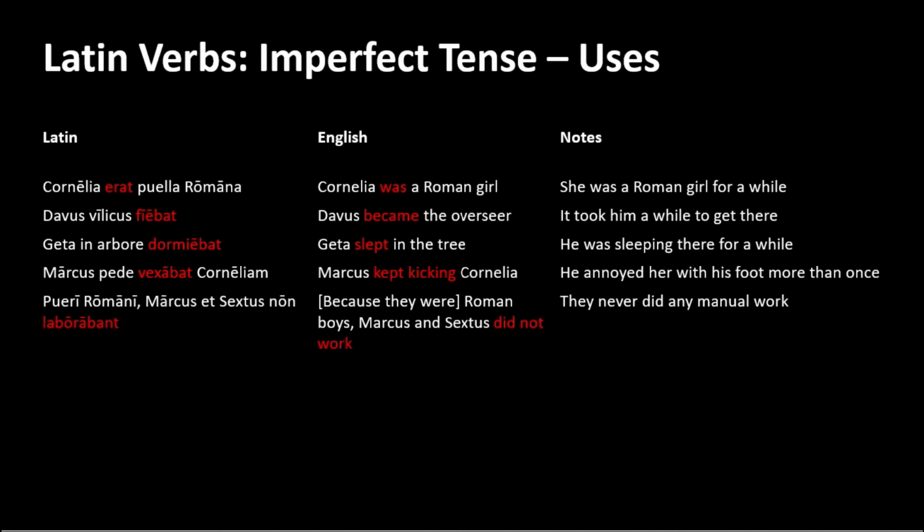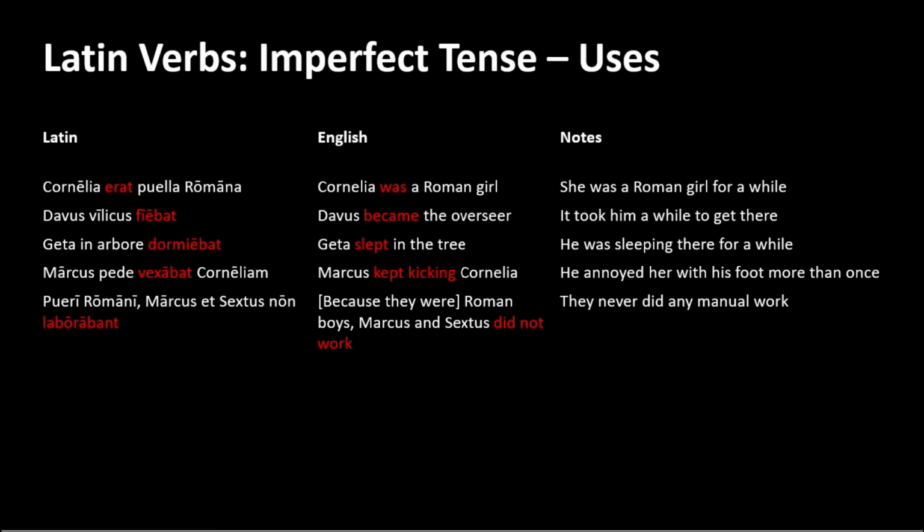Pueri Romani, Marcus et Sextus non laborabant. You translate this as, supplying the words, because they were Roman boys, Marcus and Sextus did not work. The English translation I've given uses did, which is simple past, but once again the clear implication is that this describes something that happened over an extended period.